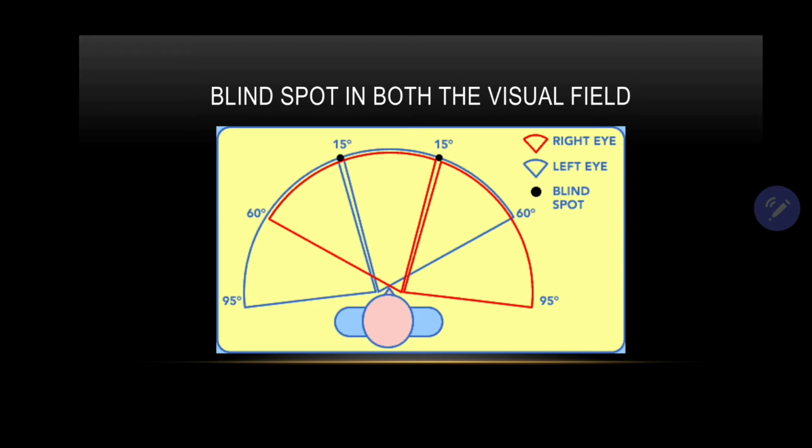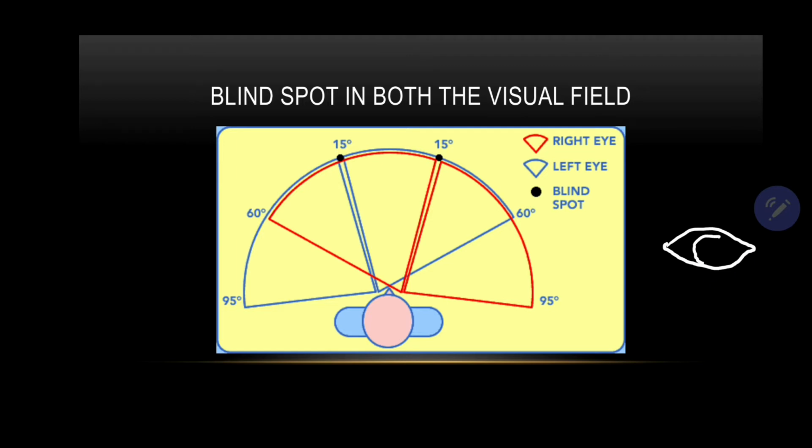Now about the visual field, although the tracing of the visual field is precisely done with the help of a procedure called perimetry, we're not talking about perimetry right now. I have already taught you in my previous lectures. What I'm going to tell you here is, imagine that what I have drawn is an eye, right?